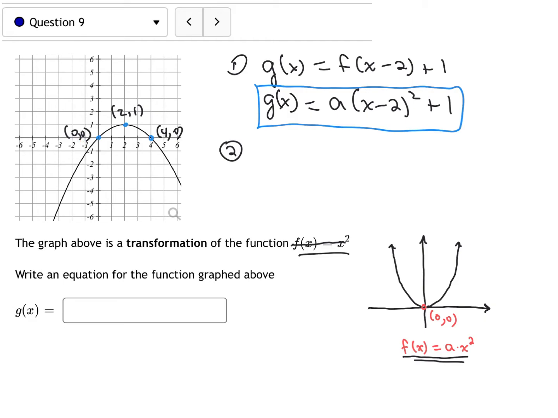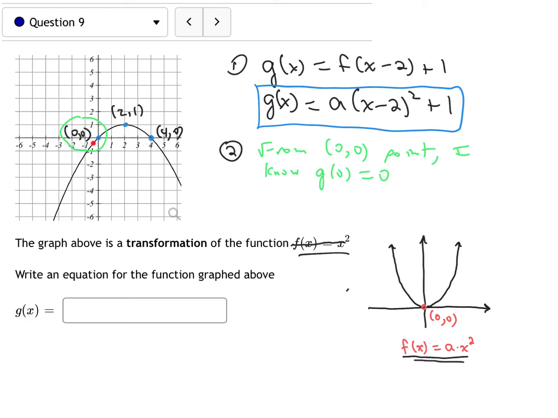It doesn't matter which one we use, but I'll circle the one that I'm using so you can tell. And so from that point, I know that g of 0 should equal 0. Right? So that's the input and that's the output.